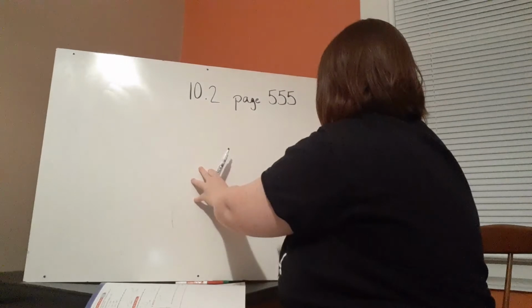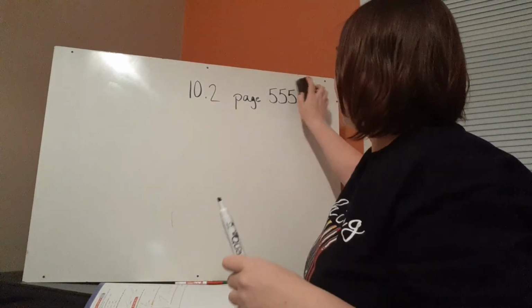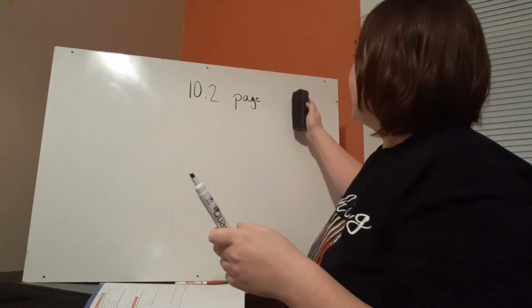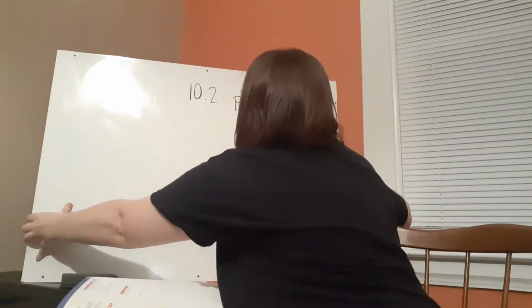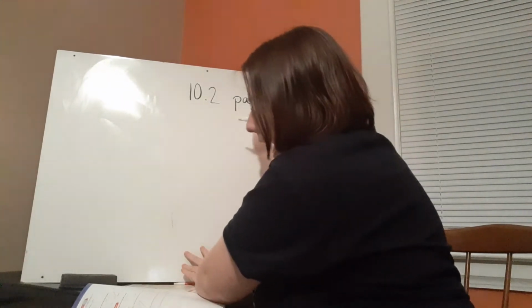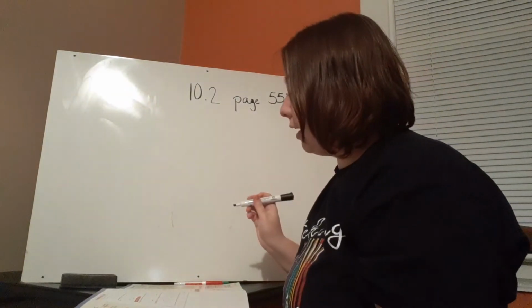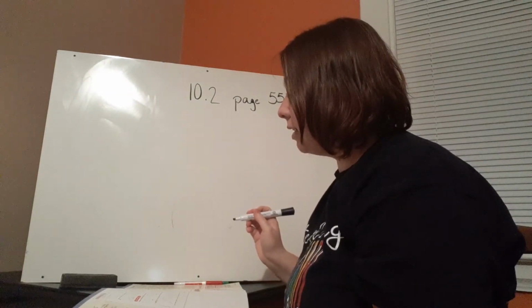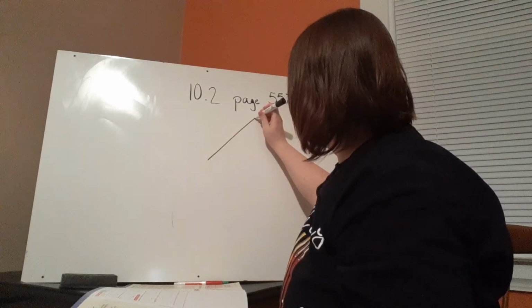So I think that this will also help clear a few things up. So what I really want you to do right now is go to page 557, and I want us to look at number 1 together.